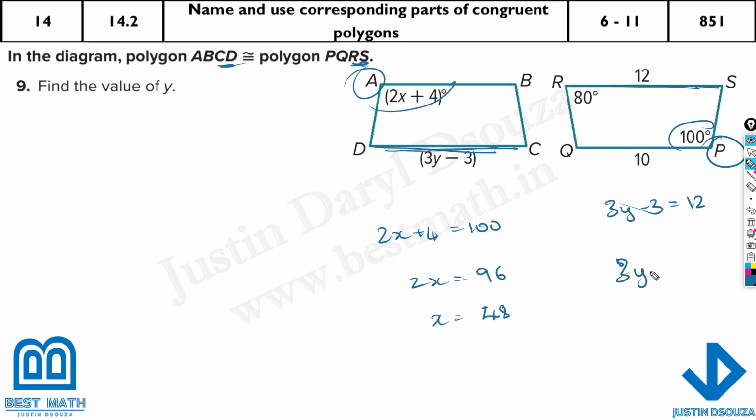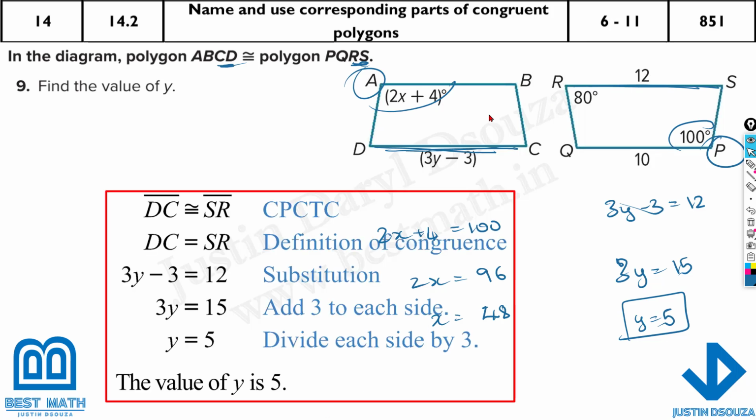So 3y is equal to 12 plus 3, which is 15. Divide both sides by 3, y is equal to 5. And here we go, y is equal to 5. So x was 48 from these two angles. But why do we need to equate the sides? Because they are congruent. So angles and the sides are equal. And there we go.